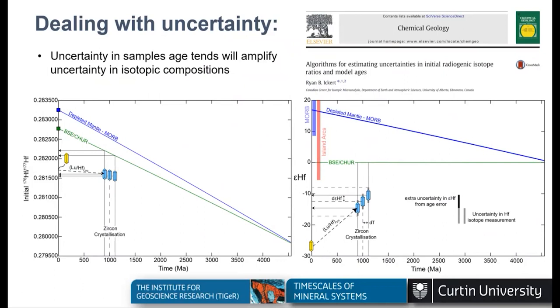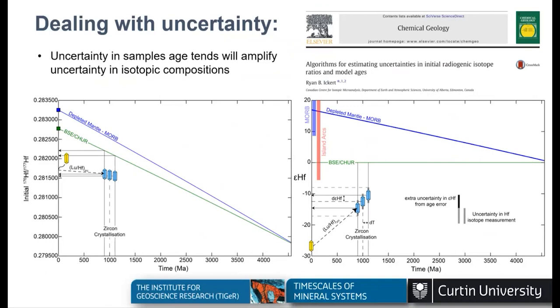But because we're also normalizing to epsilon hafnium and BSE, depending on what age you use, it might change the BSE value you use, and that can change the epsilon hafnium value you get. Just something to consider when you're doing this kind of work, right?